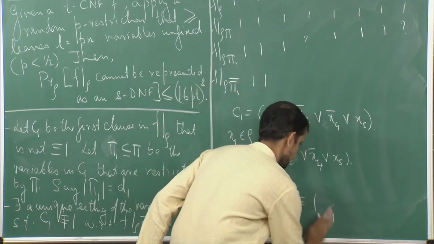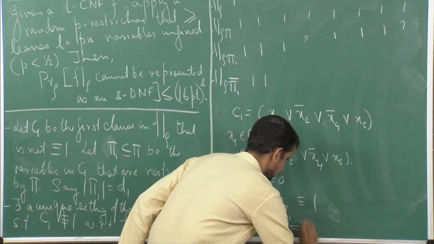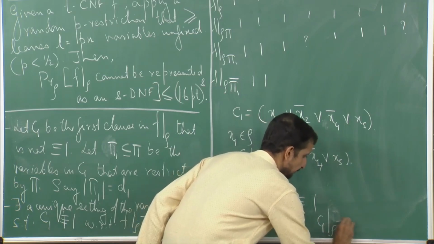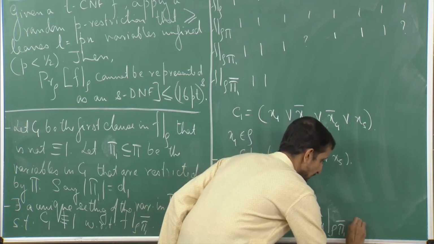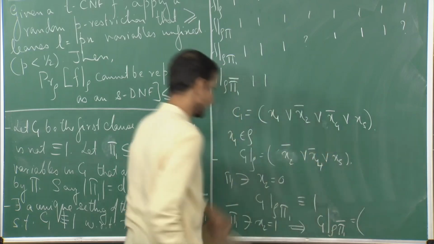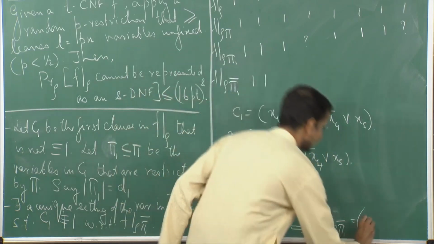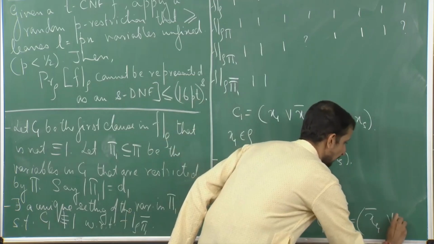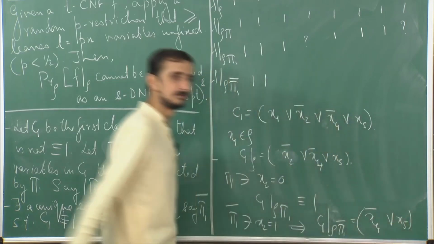So as a result, C1 restricted to rho pi 1 bar is now equal to, this becomes 0. So I have x4 bar or x5.